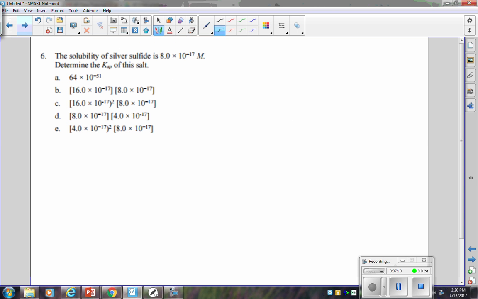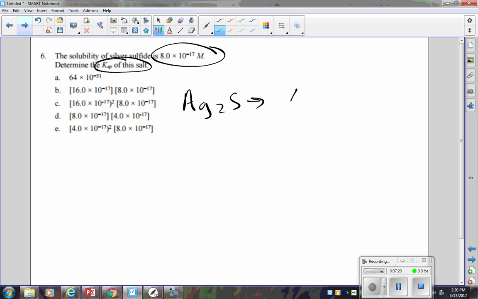Solubility of silver sulfide. They give me the solubility, they want to know the Ksp. So silver sulfide is going to be Ag2S, which is going to be 2Ag+ plus S2-, and they're telling us X. So if they're telling you the solubility is this, that means this is 8.0 times 10 to the negative 17th.